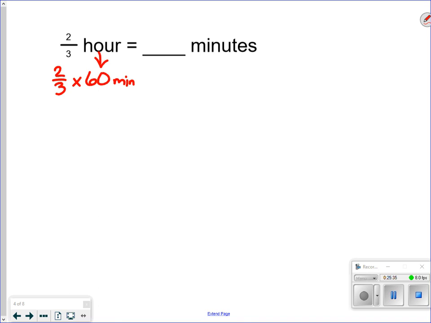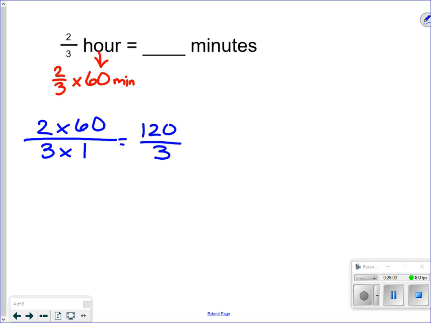2/3 of 60. See if you can solve that by either method, standard or standard 2.0. So 2 times 60 over 3 times 1. I know that 2 times 6 is 12, so 2 times 60 is 120. 3 times 1 is 3. 3 into 120. 3 cannot go into 1, but 3 can go into 12 4 times.